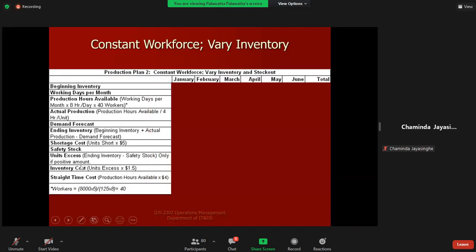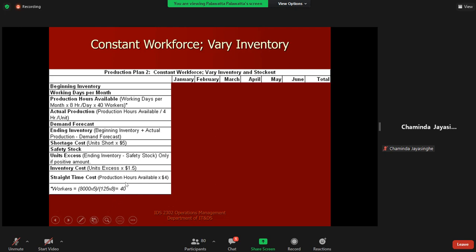Total demand is 8,000 units, and the production hours required is 40,000. Divide that by 125 working days, multiply by 8 hours, and it becomes 40.